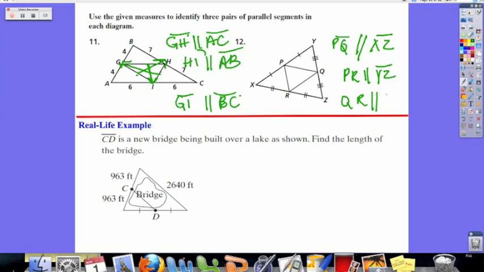And then the last real life example: CD is a bridge being built over the lake as shown, so find the length of the bridge. These markings tell you that this is the midpoint over here. These equal measurements tell you that this is the midpoint, therefore CD is a midsegment.